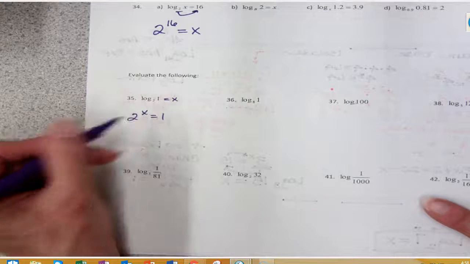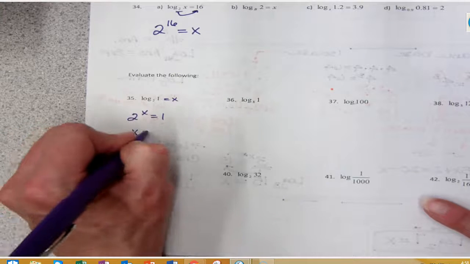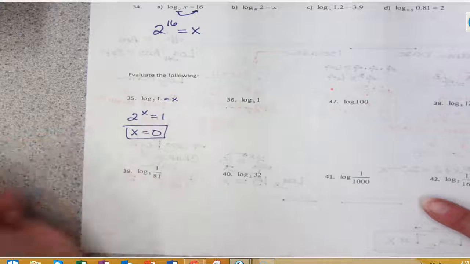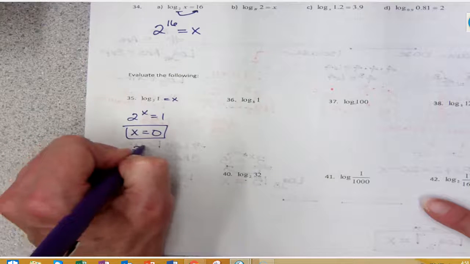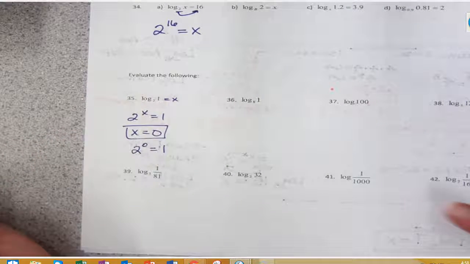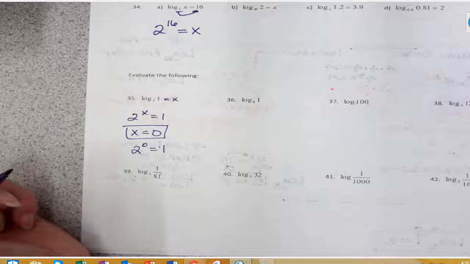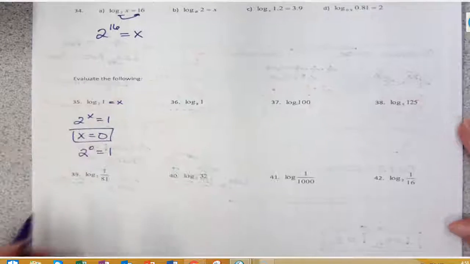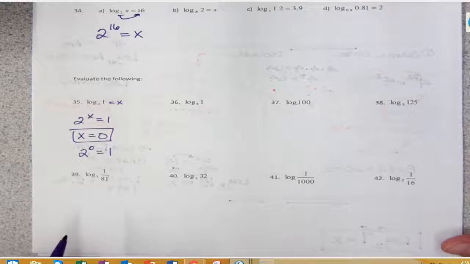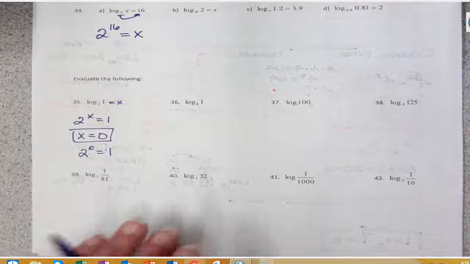Any number that equals 1, x is going to equal 0. That is one of your log properties. Any number to the 0 power is going to equal 1. Okay. So hopefully you can do all these, change them into exponential form, and figure out what they are. That you actually have to evaluate. All right.